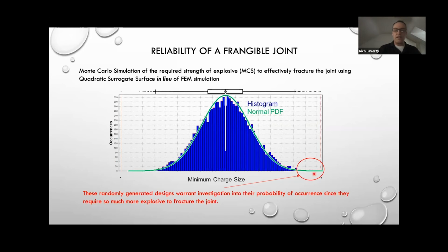And we can also spend a little bit of our effort in controlling the tolerances on those levels in production. But that's where this effort informed. So the finite element model was not taken as reality. It informed us on where we could spend our further effort to make a more reliable frangible joint.